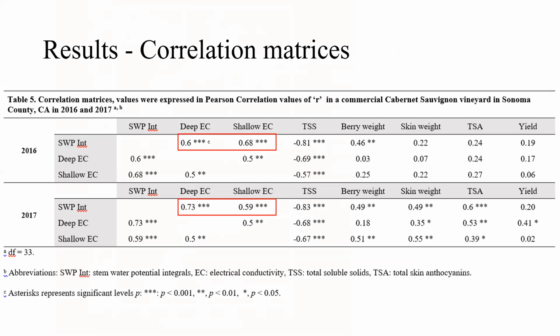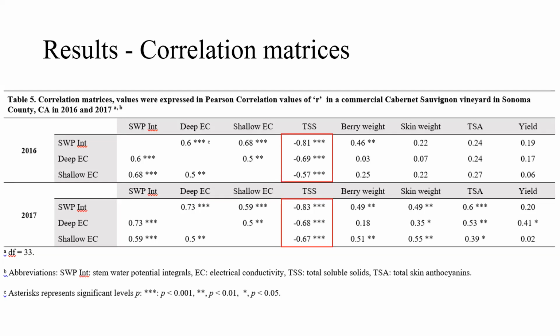So when you have higher ECA, you have higher plant water status. The relationship between soil ECA and total soluble solids was significant in both years, and it was negative. So when you have more water stress, you have higher total soluble solids, basically.